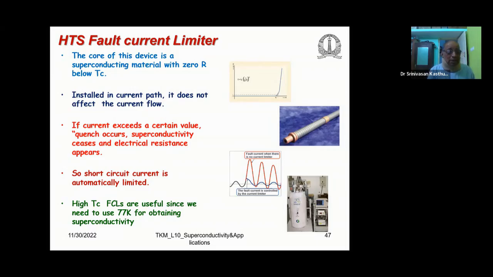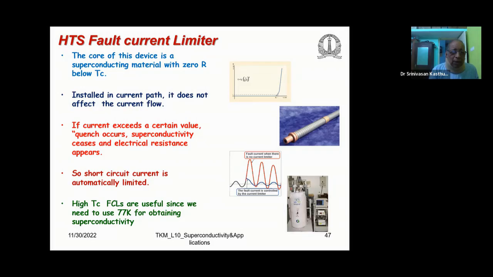If you pass excess current through the same material, there is going to be damage to that particular current carrying cable. In case a large amount of current is flowing through an electrical system, automatically there should be a way to prevent it. So such a device is called a fault current limiter. Excess current is automatically limited.